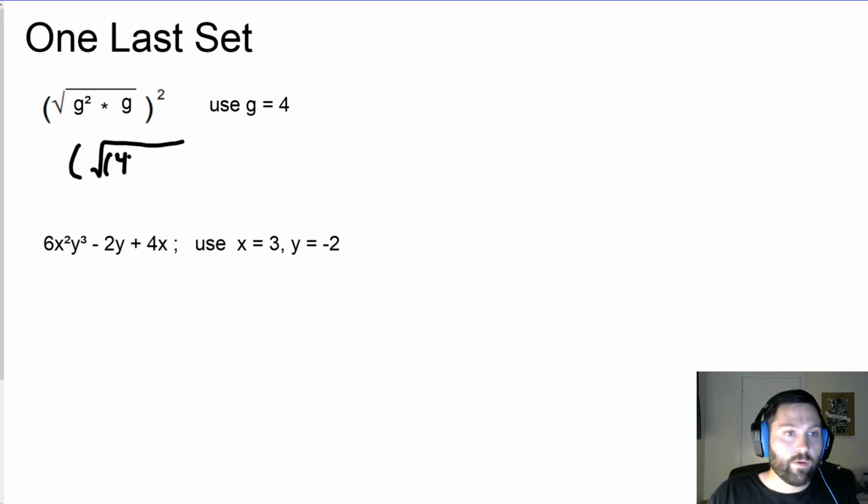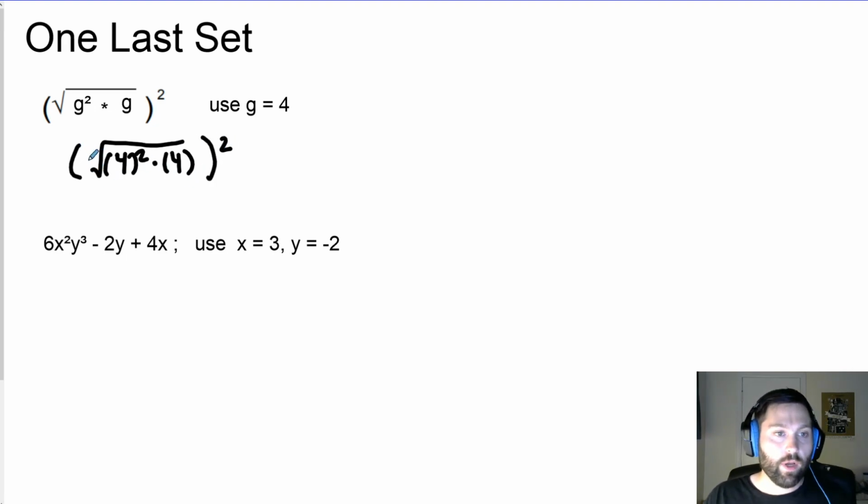4 squared times 4. And then we're taking the square root of all of that, and then we're going to square that answer. So we have 4 squared is 16 times 4 is 64.